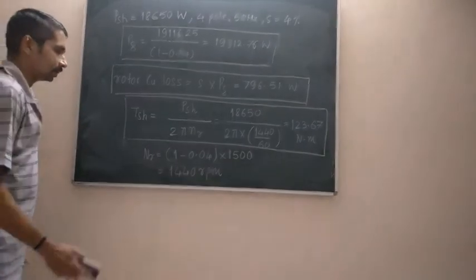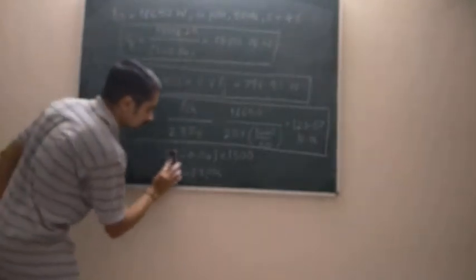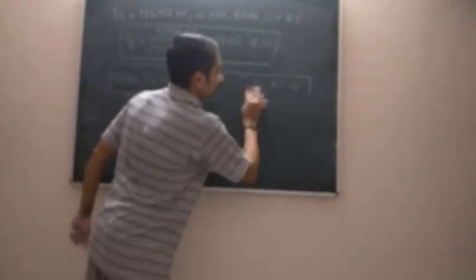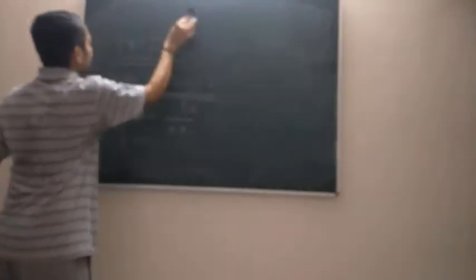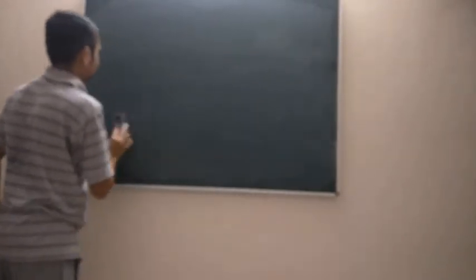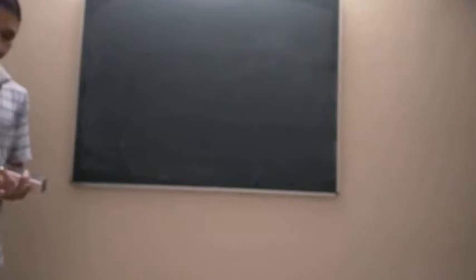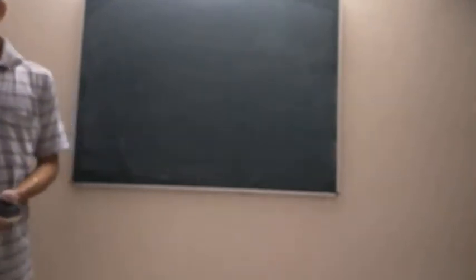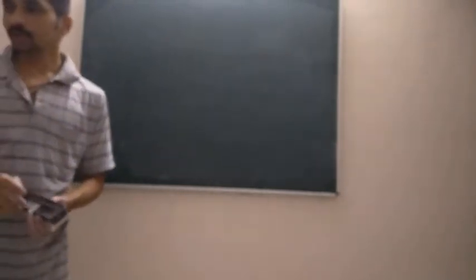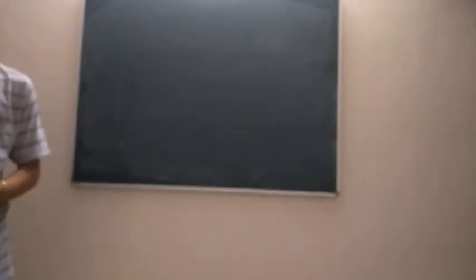Okay, let us proceed further with one more numerical. In this numerical, let us see what is given. A 10 kW, 400 volt, 4 pole, 50 Hz, delta connected induction motor.